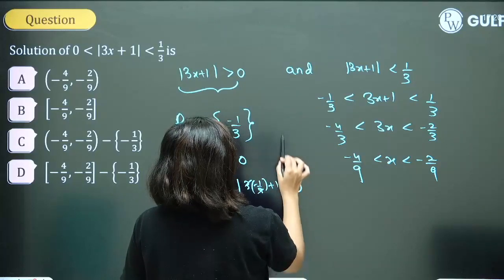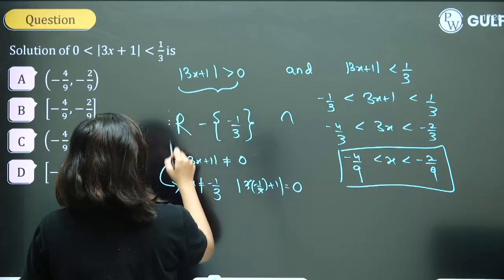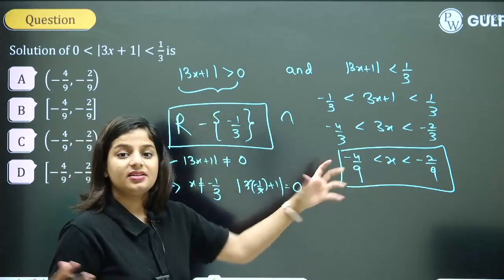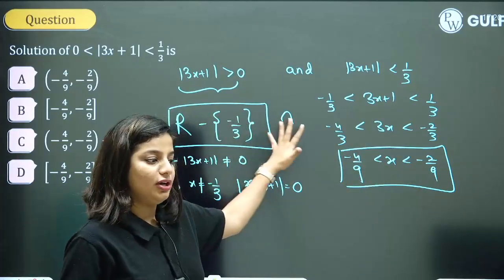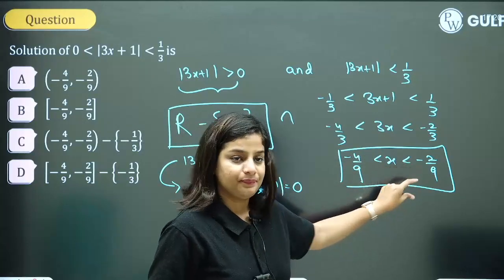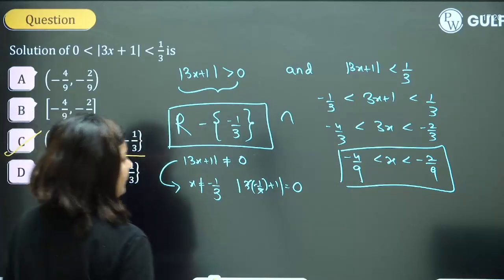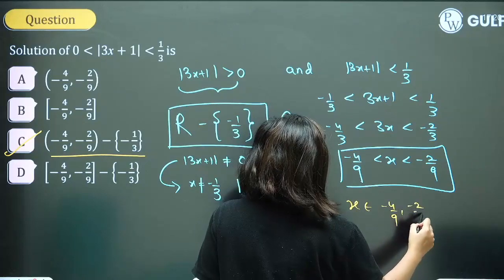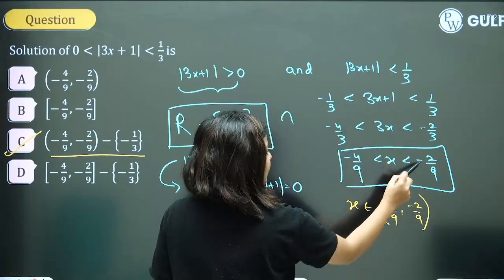Well, there is an and in between. So if there is an and in between, you will have to take the intersection of both this and this. What is the common between minus 4 by 9, minus 2 by 9 and all real numbers except minus 1 by 3? Minus 1 by 3 lies between them. So the final answer will be: x belongs to minus 4 by 9 comma minus 2 by 9, an open interval because of the strict inequality.